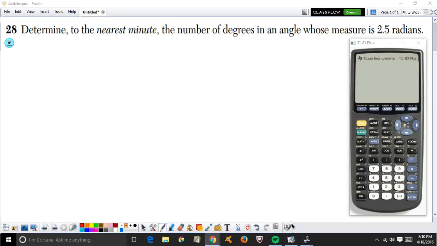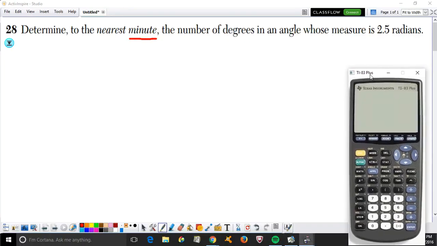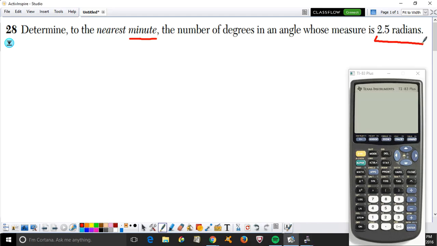In example 28, we have to determine, to the nearest minute, the number of degrees in an angle whose measure is 2.5 radians. What they're asking us to do here is to convert radians to degrees.